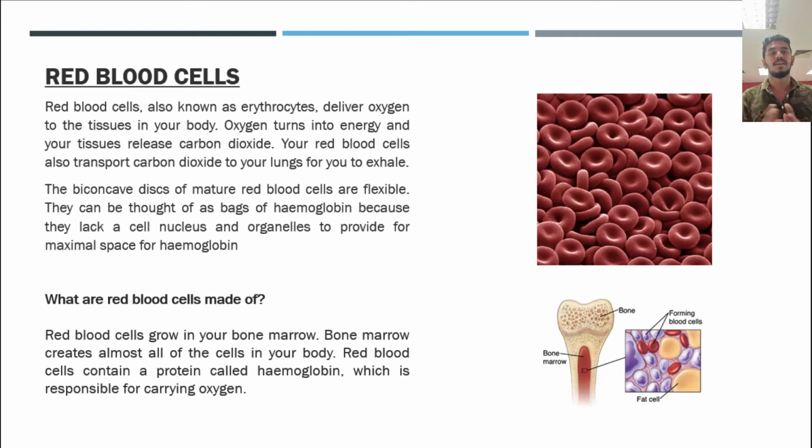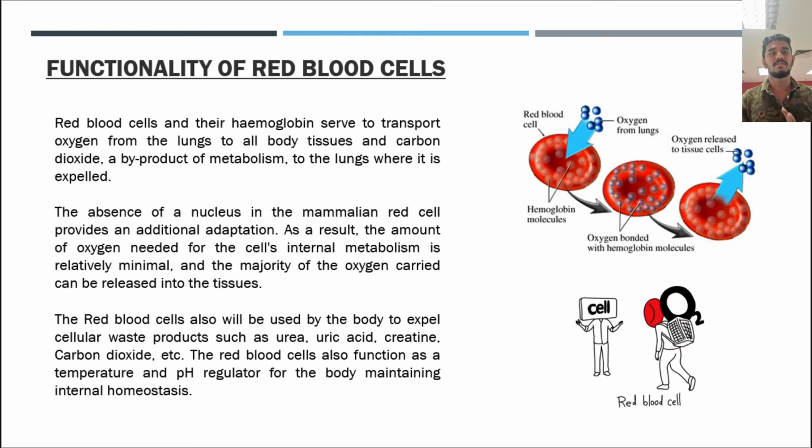Next, the functionality of red blood cells. Red blood cells have three main functions: transportation, expulsion, and regulation. First, transportation. They transport oxygen and carbon dioxide from the lungs to the body cells, and from the body cells back to the lungs.